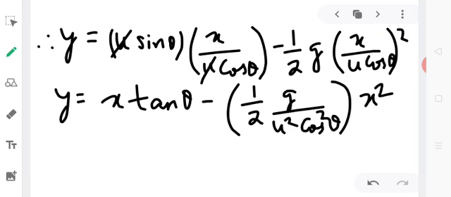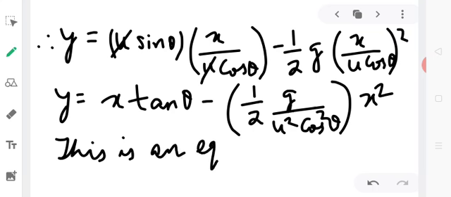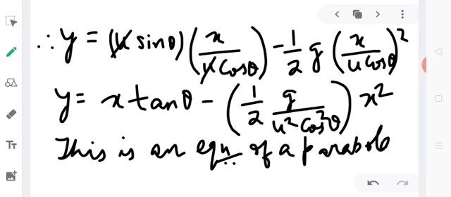Now this is an equation of a parabola. Hence, the path of a projectile projected at some angle with the horizontal direction from ground is a parabolic path.